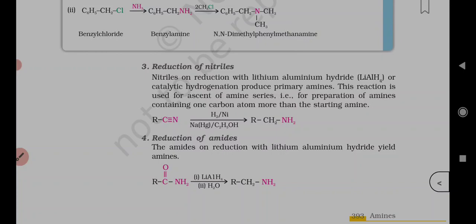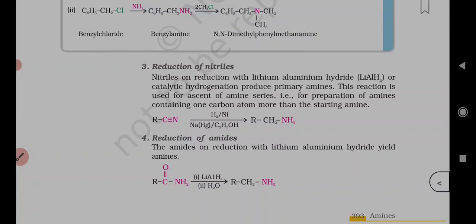Amines are soluble in organic solvents like alcohol, ether and benzene. You may remember that alcohols are more polar than amines and form stronger intermolecular hydrogen bonds than amines, so they are more soluble.